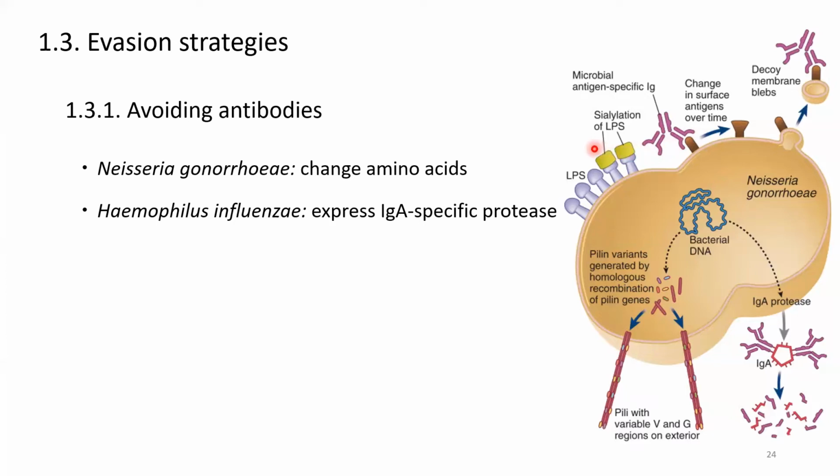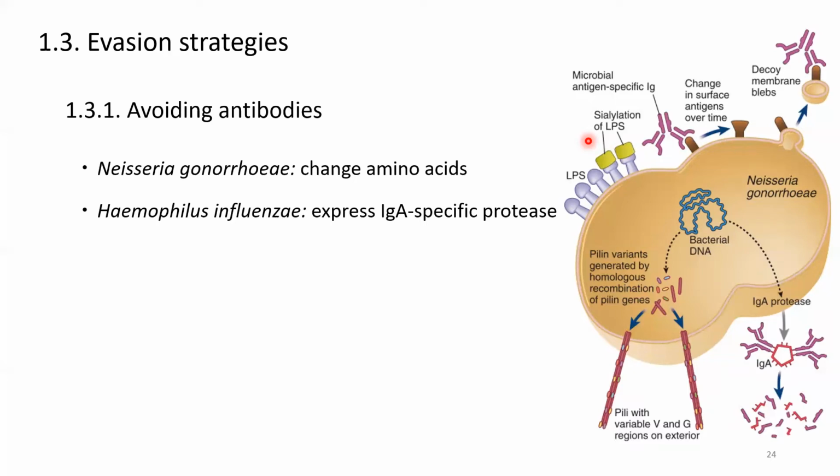And some bacteria such as E. coli can produce sialic acid on their LPS, because sialic acid is our host molecule. We have sialic acid, so our immune response cannot recognize that this bacterium is a pathogen or foreign body, because they have similar sialic acid to what we have, so they can evade our immune response.